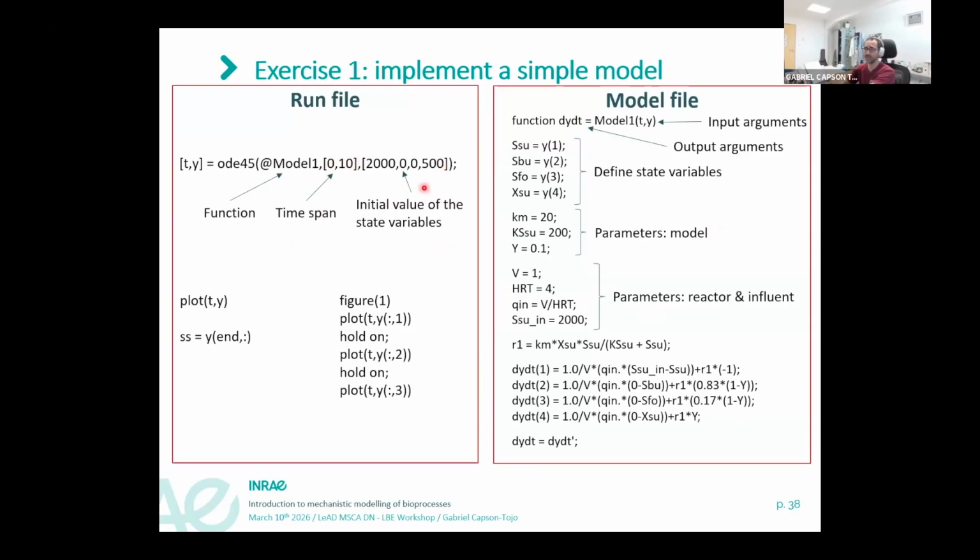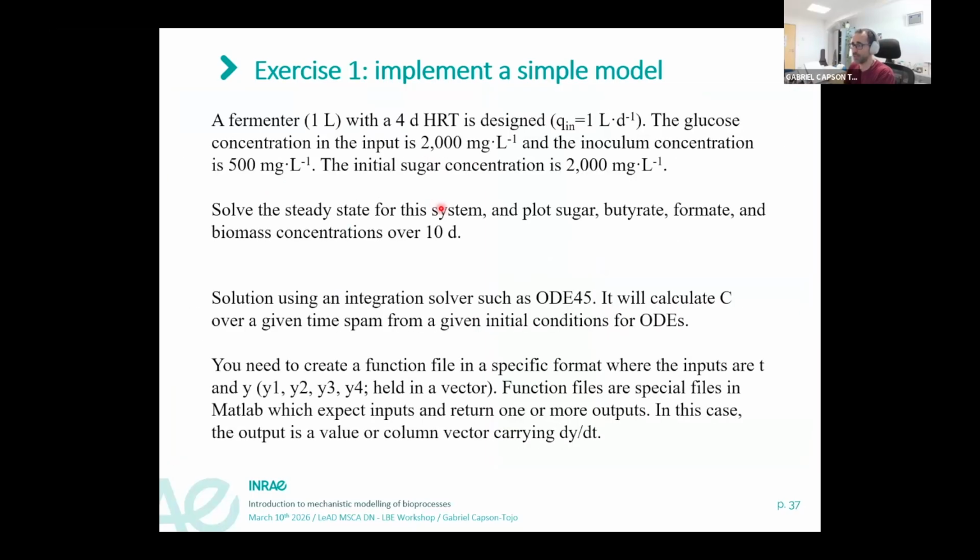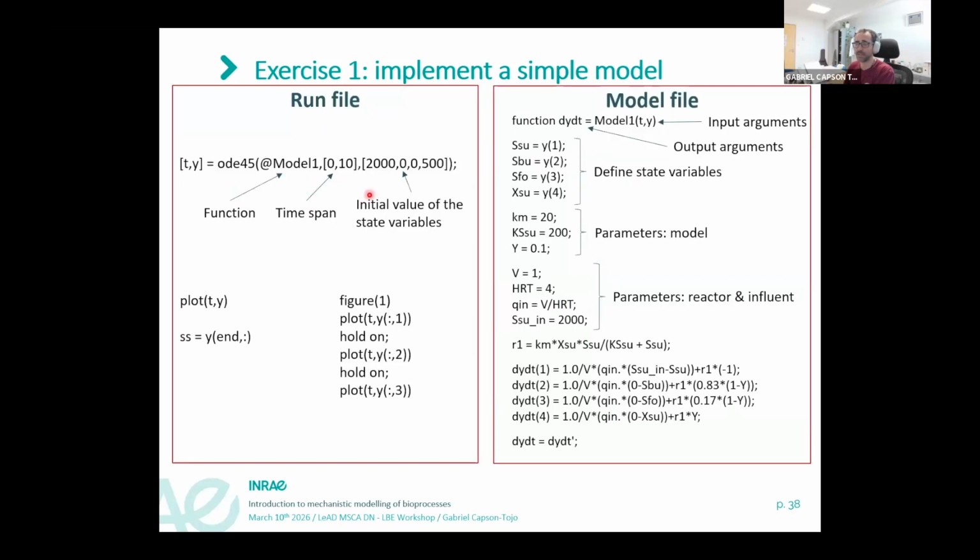And again, between brackets, because what we are calculating is how the system will evolve over time, we need to provide an initial value for each of the states. What we are saying is basically what we have here. The initial sugar concentration is 2000 milligrams per liter, and the inoculum concentration is 500 milligrams per liter. This is exactly what we have here. We need to put it in the order that we have here.